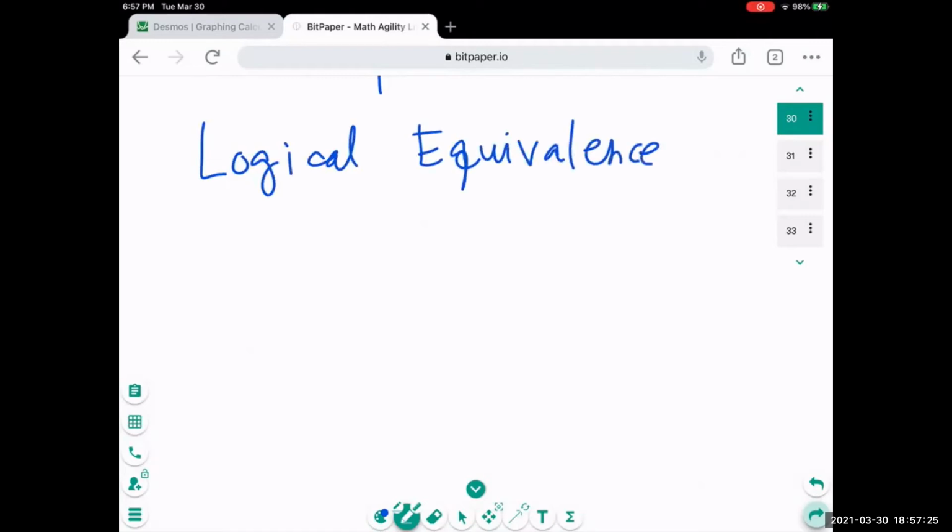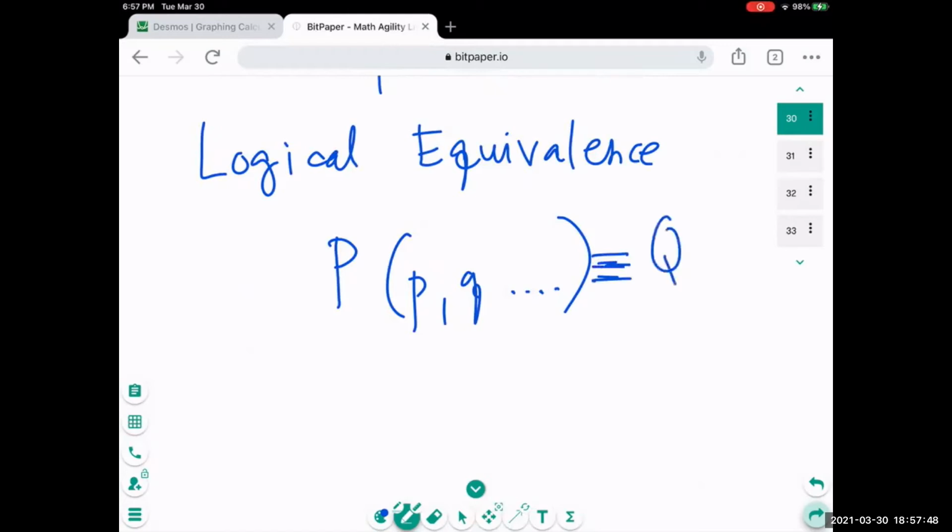Logical equivalence. So, if two propositions P, capital P, and Q are said to be logically equivalent or simply equivalent or equal, this is denoted by capital P, equivalence Q, and then yung set of elements niya pa rin. May isa tayong example.